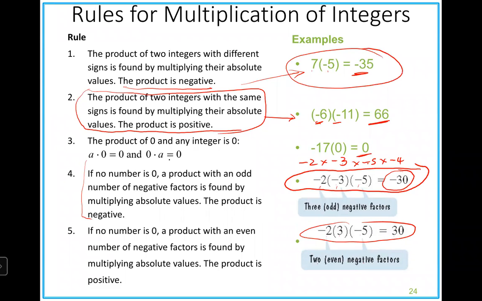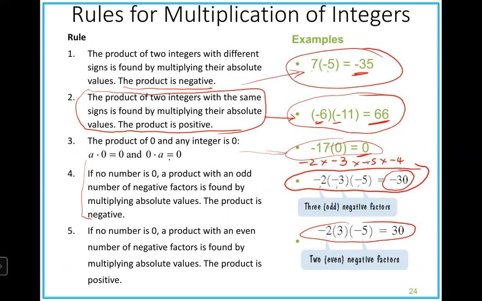The second one says if the two numbers have the same sign, the answer will be positive, which is right here. Okay, so it's either the two numbers have the same sign or the two numbers have different signs. If they have the same sign, the answer is positive. If they have different signs, the answer is negative. The next thing here is just simply saying to you that if you're multiplying any integer with 0, your answer is going to be 0.